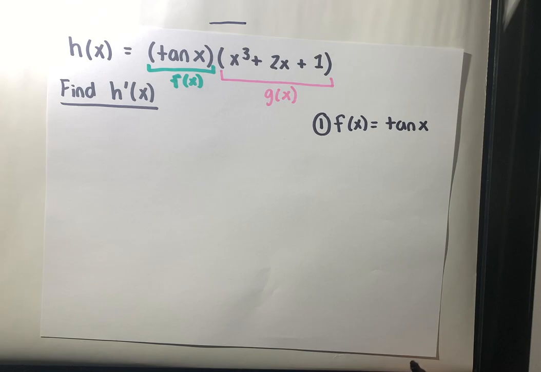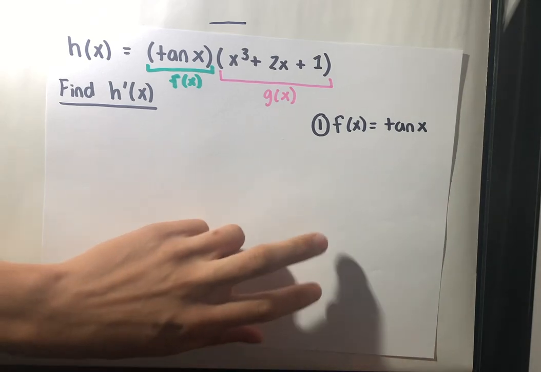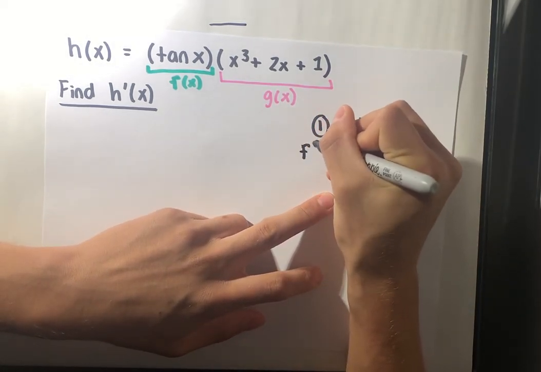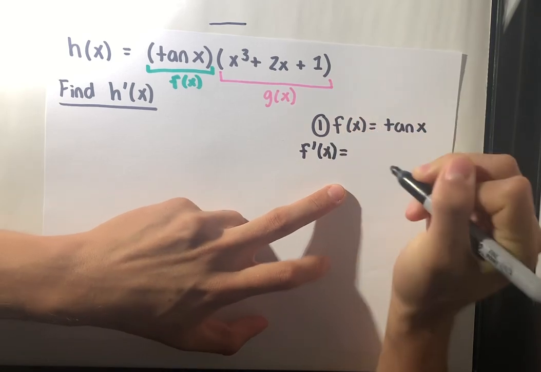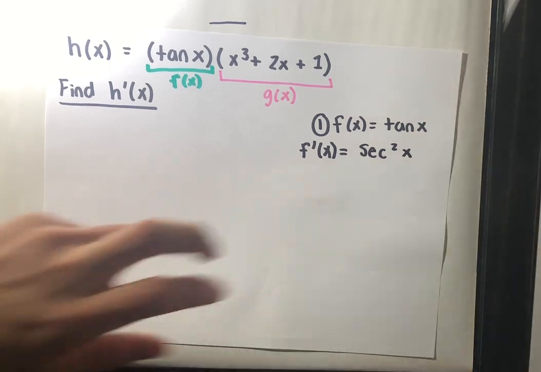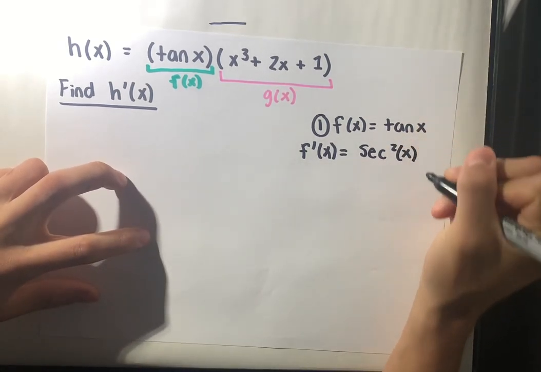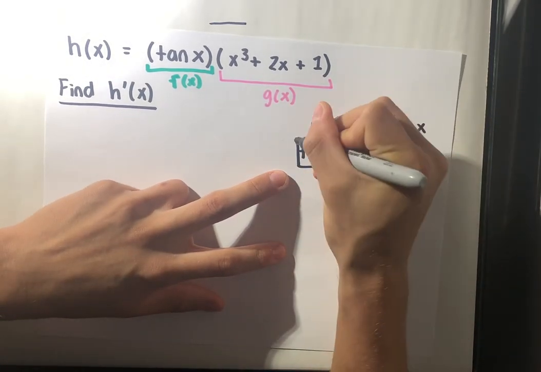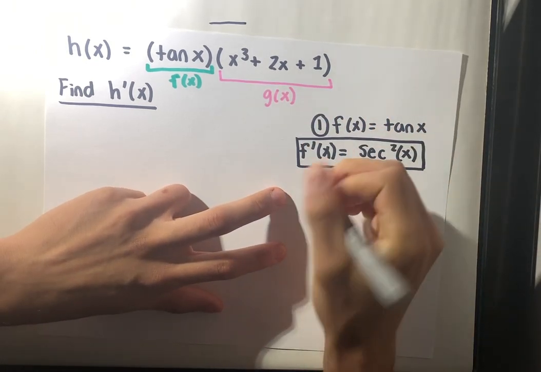It's important that you remember them since they're used a lot in calculus. So if you remember, the derivative of tangent x is secant squared x. So we have our first derivative for our first function.